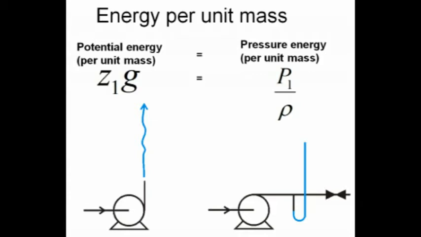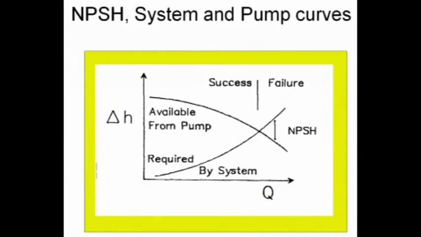So if we think back to this diagram again, concentrating on the diagram on the right, instead of having the manometer on the pump discharge, think about what happens on the pump suction side. Obviously now, instead of a pressure, we've got a vacuum on that suction side of pump. You could imagine the pump situated at the top of the stairs, and the implication there is that it's possible to cause problems for the pump by having a vacuum on the suction side, and that's what net positive suction head's all about.